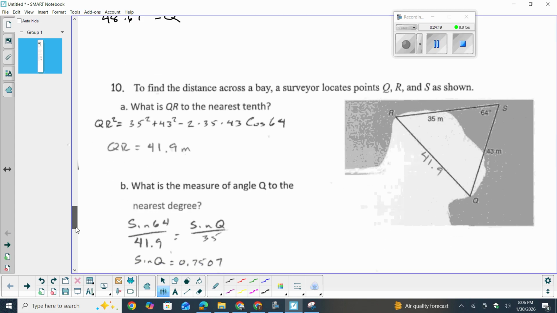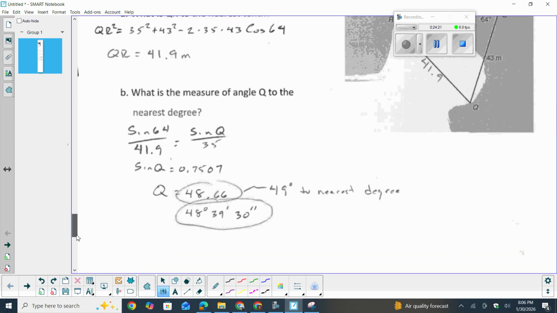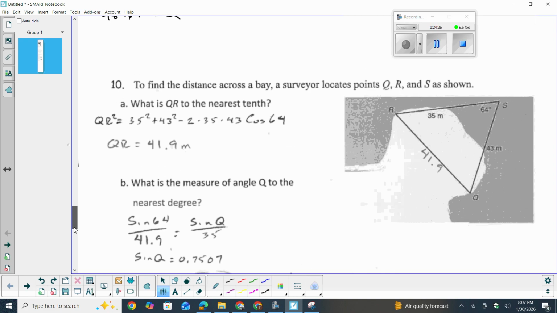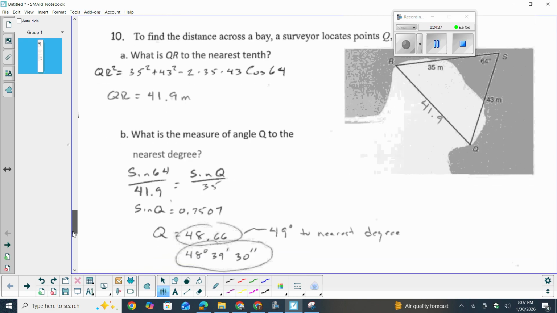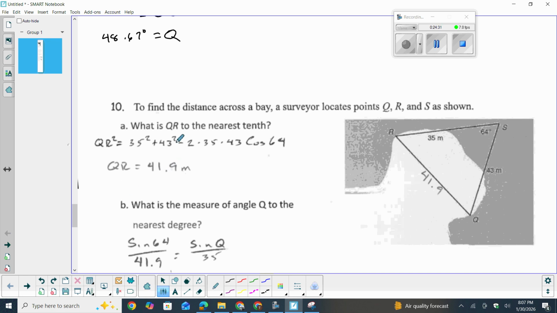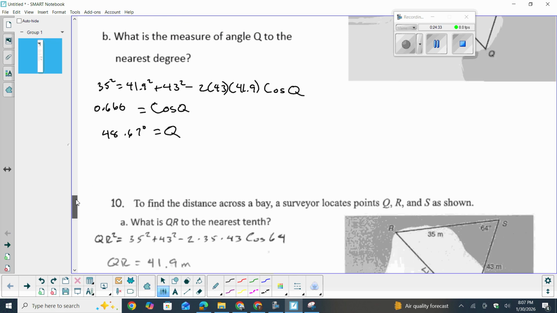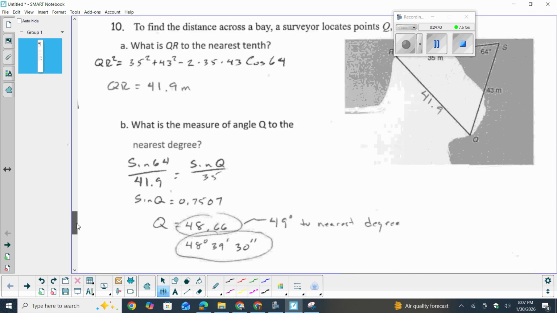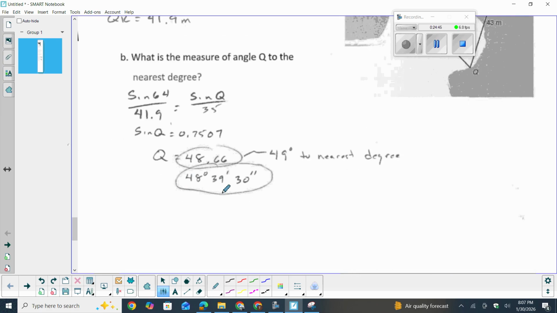Cruising down here, 48.66, but I went to the nearest hundredth. I think I must have dropped something on that one. Anyways, then we're going to take our decimal and subtract the 48, times by 60, subtract the whole number, times by 60. And if we did that, we would get this angle measure.